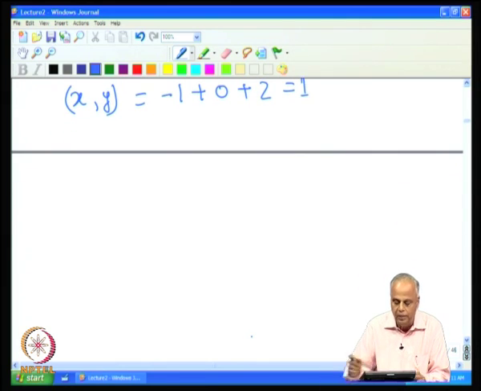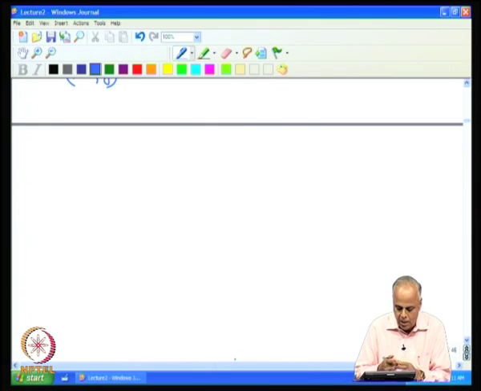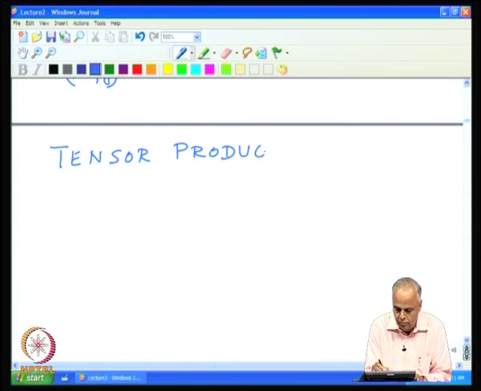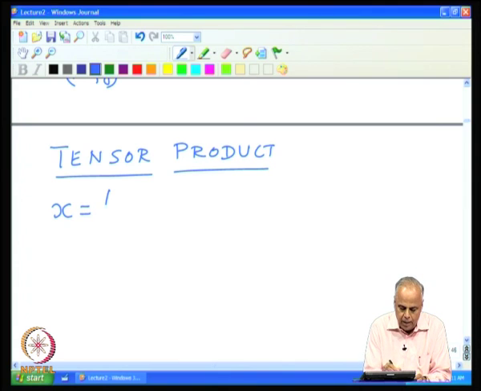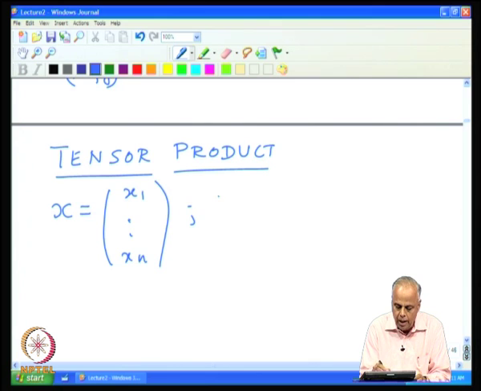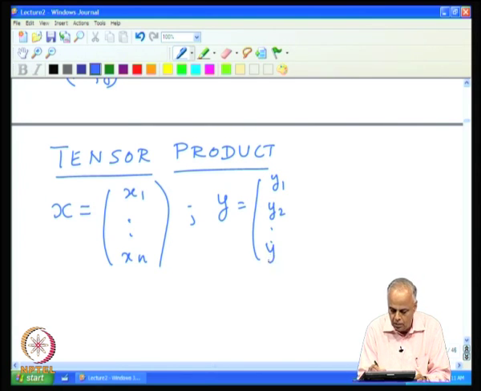Now, we do something different. We take another type of product between two vectors, and this is called the tensor product. Let us once again start with a column matrix x and another column matrix y, all real.